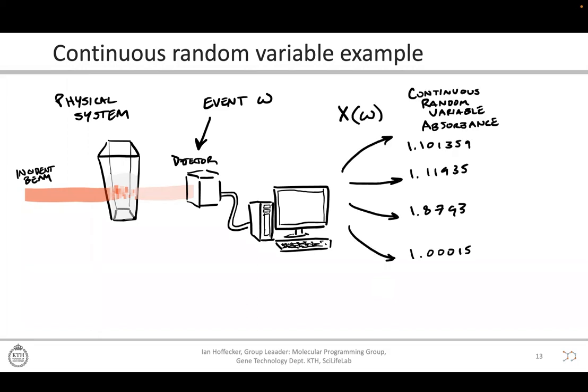In this case, we have a random variable that corresponds to that absorbance, and this can take on any number of values. So for example, we could have an absorbance value of 1.101359. We could have a value of 1.11935.